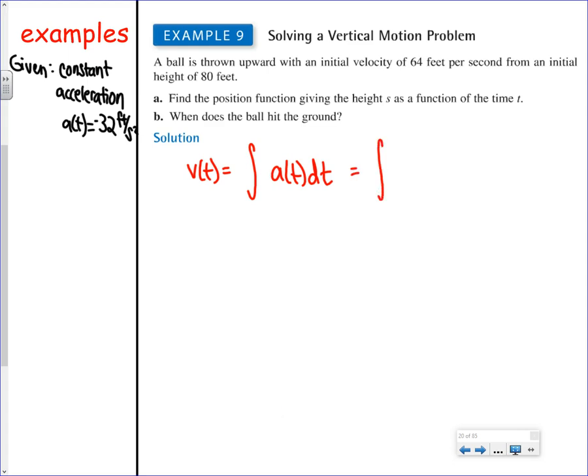Now we know we can take an acceleration like gravity in this example, and we can integrate in order to get back. And we're going to use clues like, hey, when time is 0, v is 64. Or we're going to use clues like, hey, for position, when t is 0, x is 80, to plug in for our plus c's, just like 44.